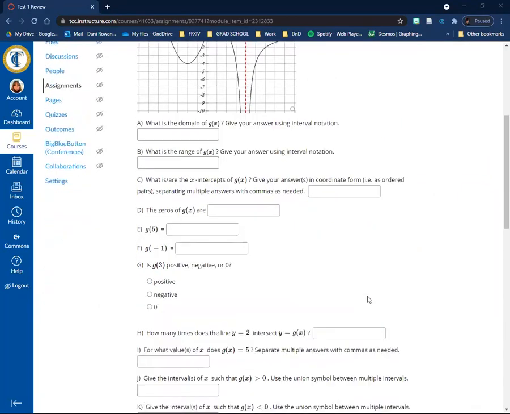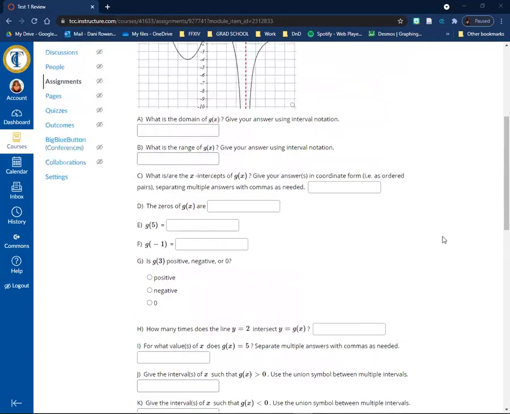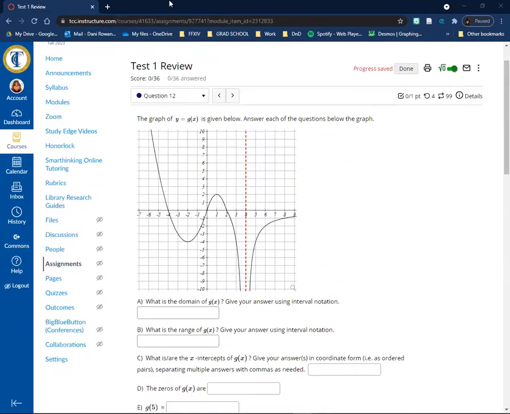I know, guys, this one's a doozy. Okay, now we're looking at intervals of x such that g of x, our graph, is greater than 0. I'm going to write this up here because it's going to ask for the other one too.